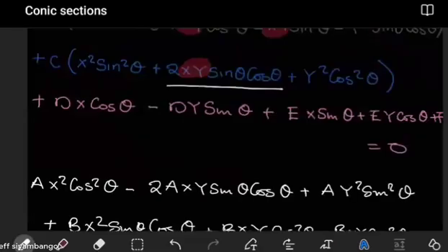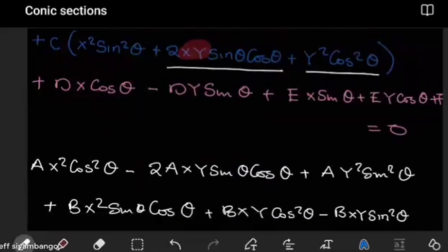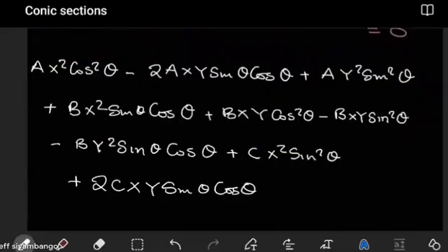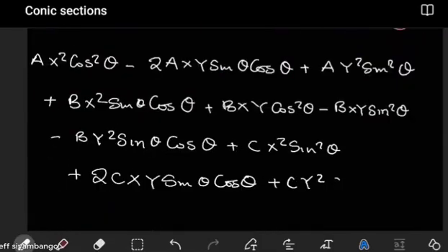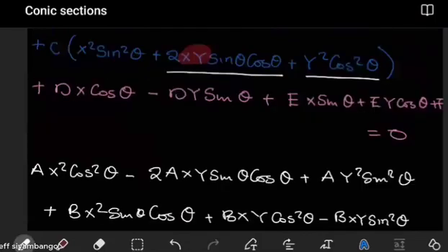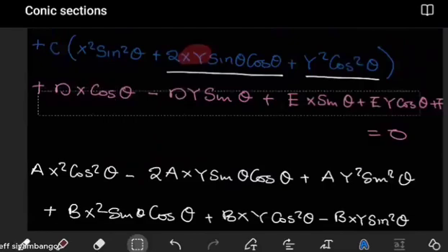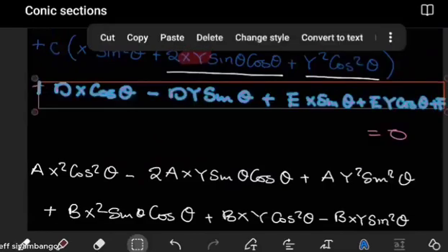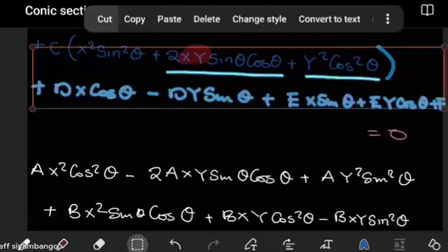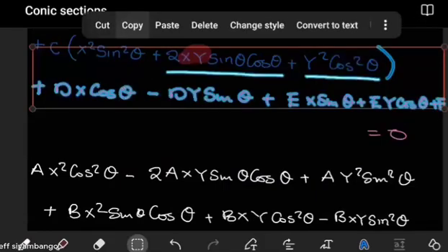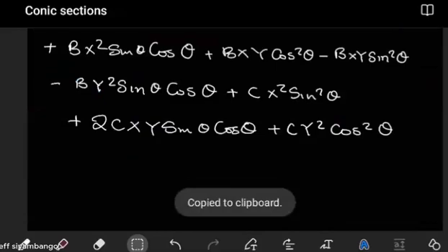And then we have the last term there, which is C y squared, and that will be cos squared theta. And of course, this remains exactly as it is. There is nothing to simplify there. So it will be plus all this.